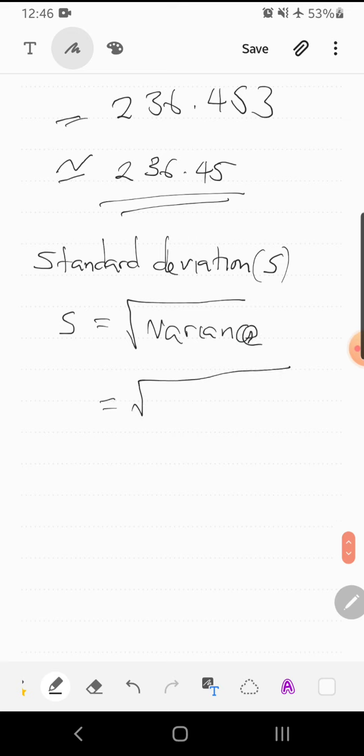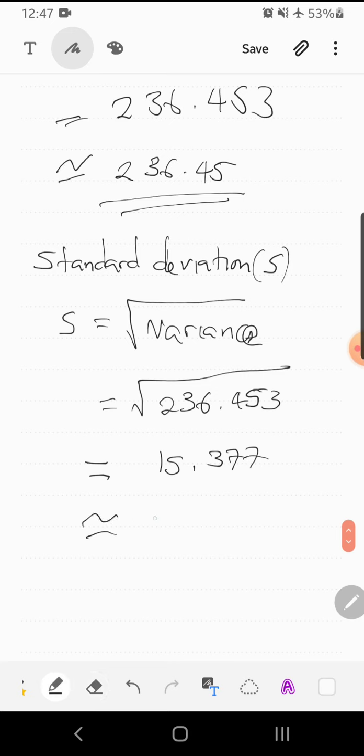So this gives the square root of 236.453. When you're computing, use the original value and not the approximated value. So this will give us 15.377, which is approximately 15.38.